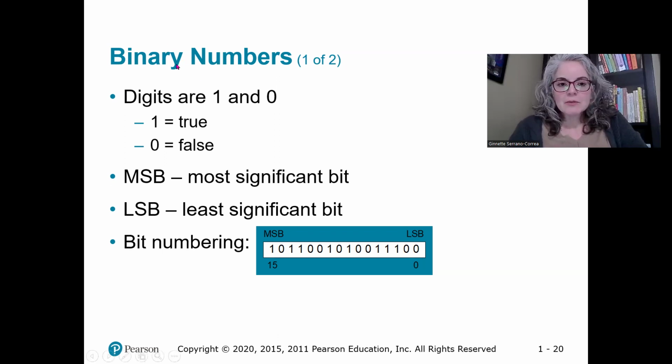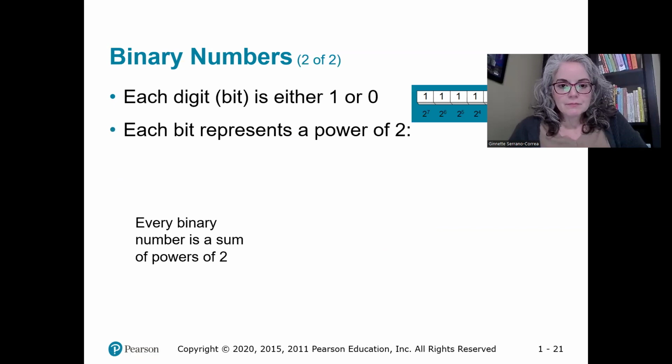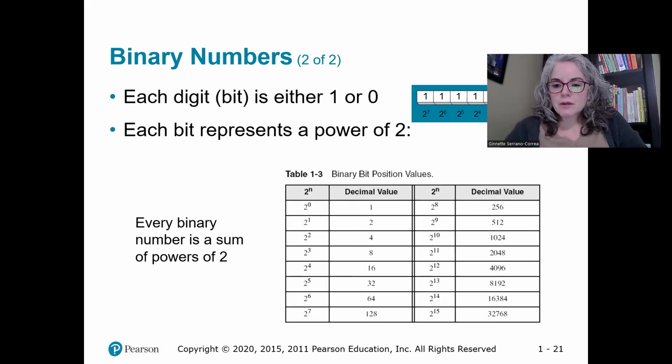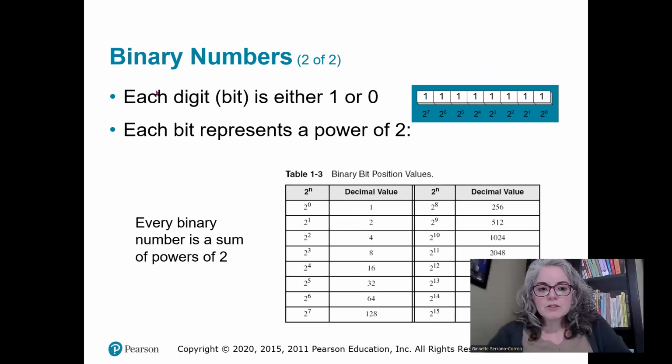So binary numbers are a base 2 system. Each digit is either a 1 or a 0, and each bit represents a power of 2.